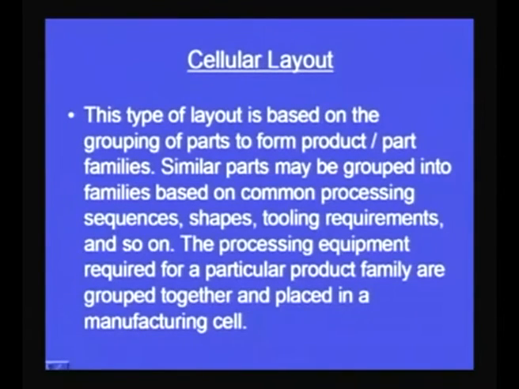First one, I started with the processing sequence. Suppose there is a part which requires 5 different operations, and there is another part which requires only 4 out of those 5 operations, and there is another part which requires 6 operations, out of which 5 are the same as part 1. So these 3 parts require similar operations, and the sequence of operations is also the same.